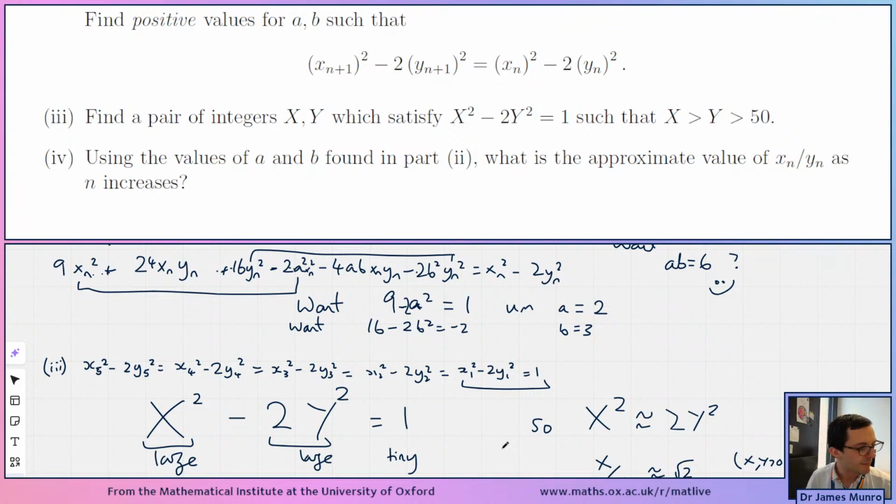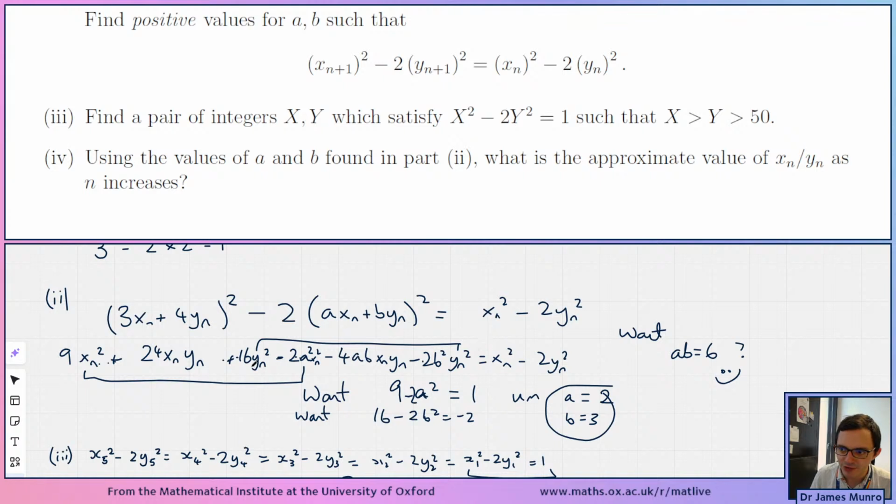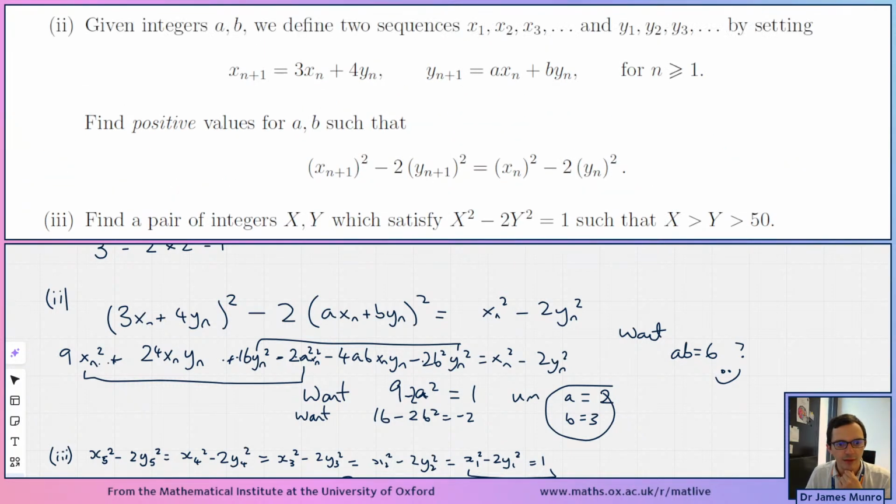Excuse me. Right. How did I find the numbers for part 2? I found these numbers by comparing coefficients. On the left, I have some mad combination of xn squared and yn squared, and also these xn, yn things. I've just multiplied out the thing in the question, putting in xn plus 1 and yn plus 1.